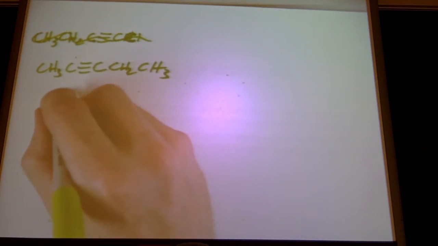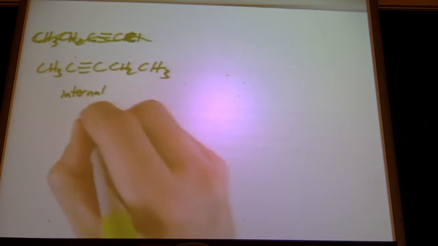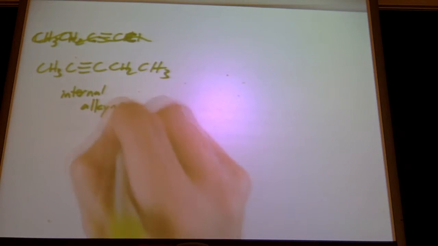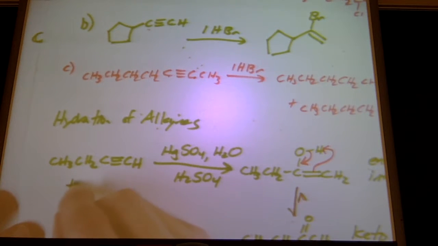So here I have an internal alkyne. As in the previous problem, that was a terminal alkyne because the triple bond was on the end.